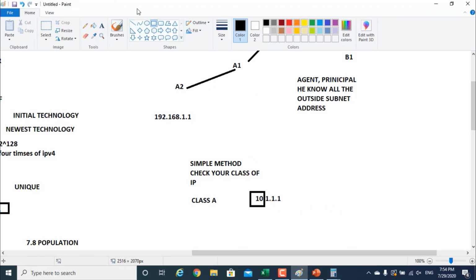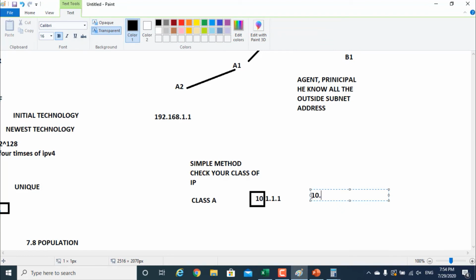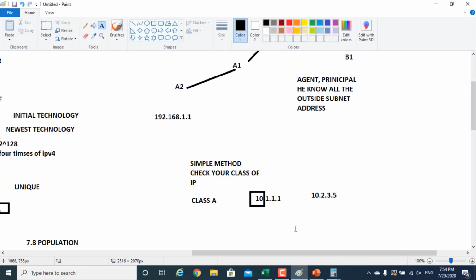The rest are uncommon. For example, 10.1.1.1 and 10.3.4.5, let's say. Are they in the same network? Yes, because they are from class A and their first octet is common.